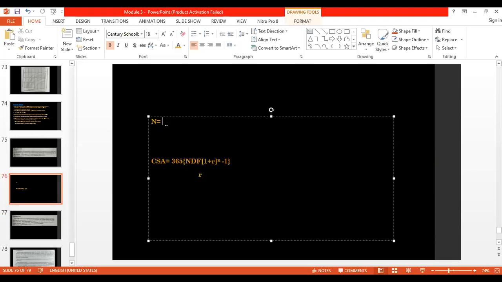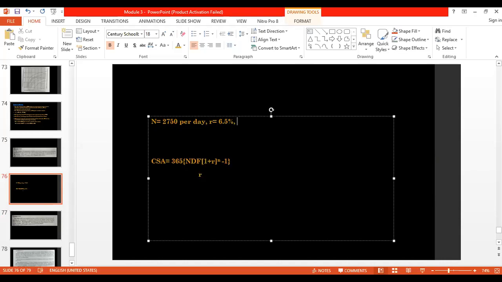Capital N means the traffic data, the A value: 2750 per day. Then what is the R value? 6.5%.